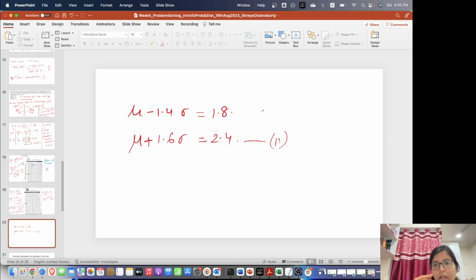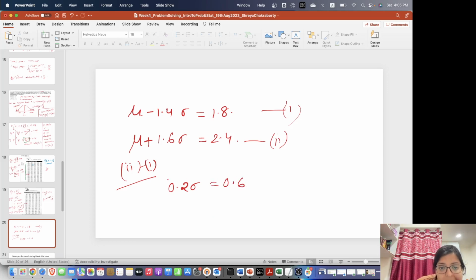This is 2, this is 1. So 2 minus 1, we have 0.2 sigma equals 0.6.